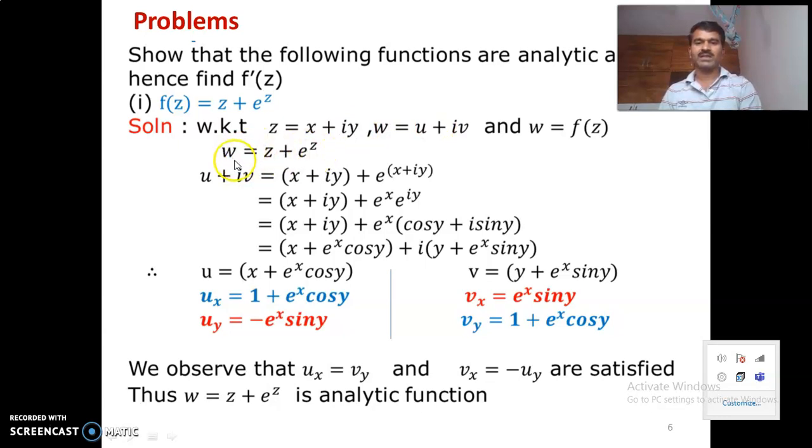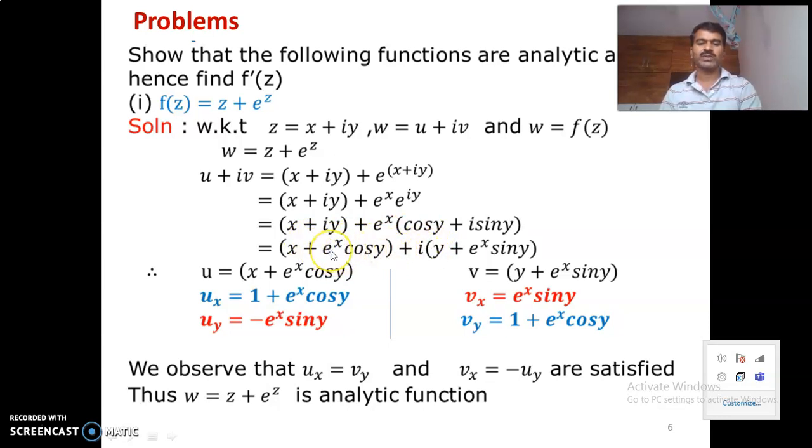Then w is replaced by u plus iv, because it is a complex function of a complex variable, and z is replaced by x plus iy. E power z is nothing but e power x plus iy. Just simplify this here. This e power iy can be taken in trigonometric form, cos y plus i sin y, and then you can separate the real and imaginary terms.